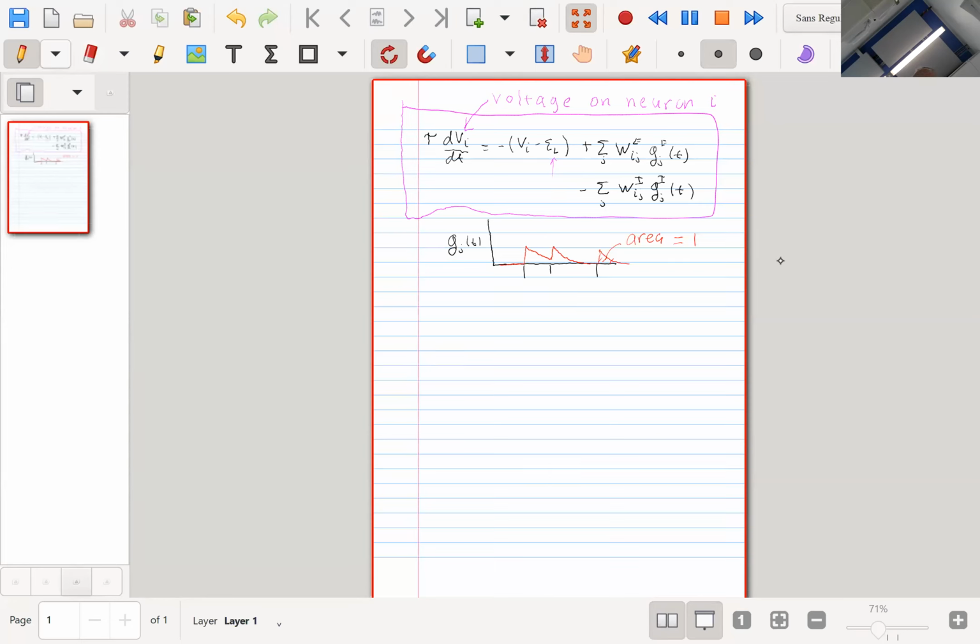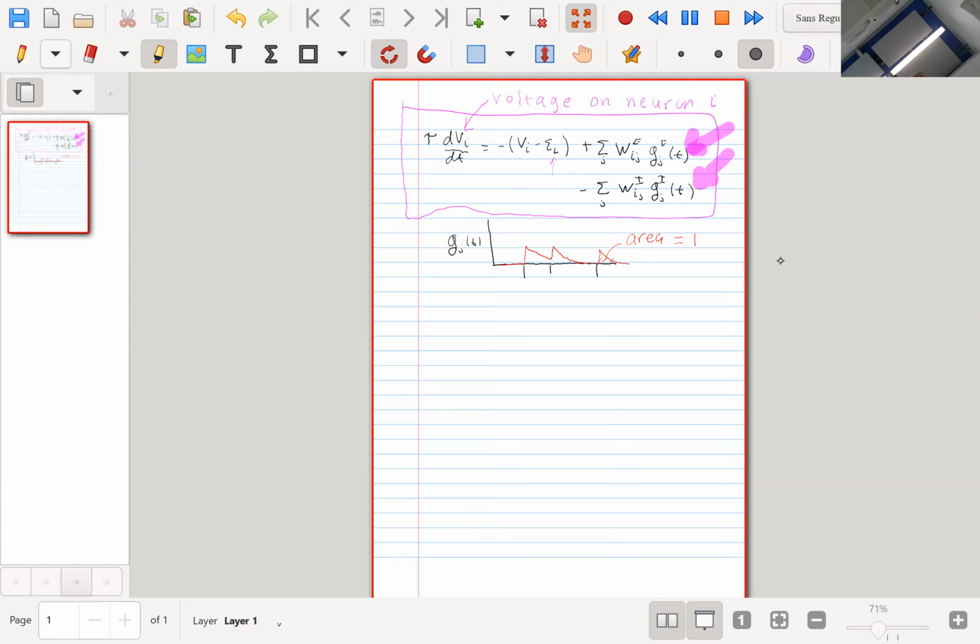But the input here, the top one is the excitatory input that causes the membrane potential to go up. Inhibitory input causes the membrane potential to go down.